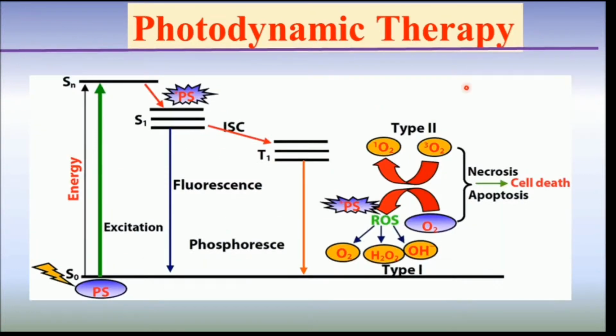Take ESR in dynamic therapy, for example. Photodynamic therapy is used for cancer cure. In this photodynamic therapy, the photosensitizer drug, in the presence of light, is excited and transfers its energy to triplet oxygen to give singlet oxygen, which is highly energetic.